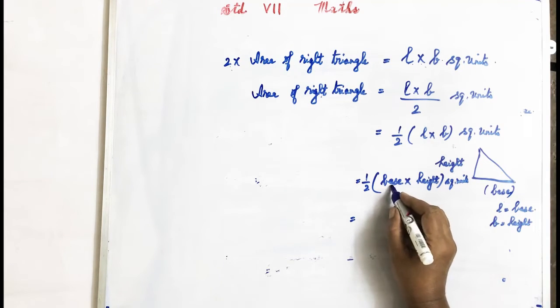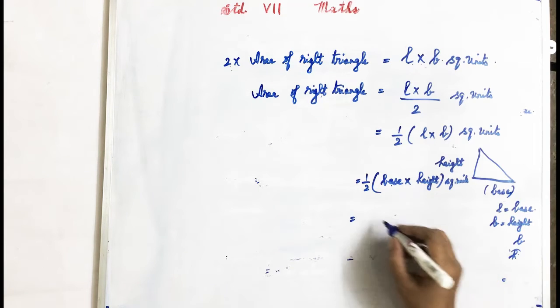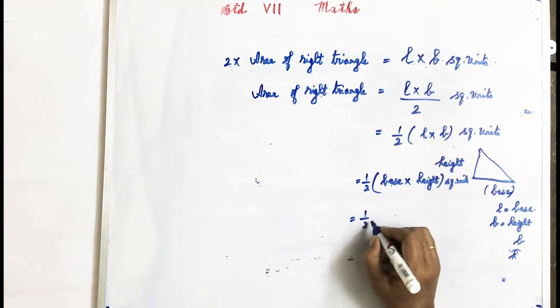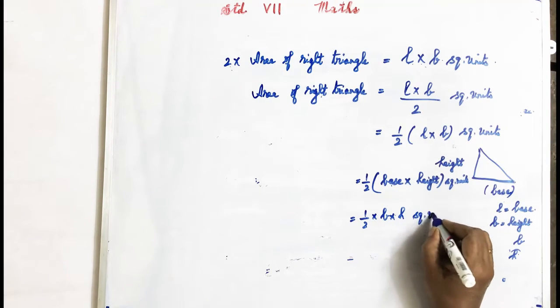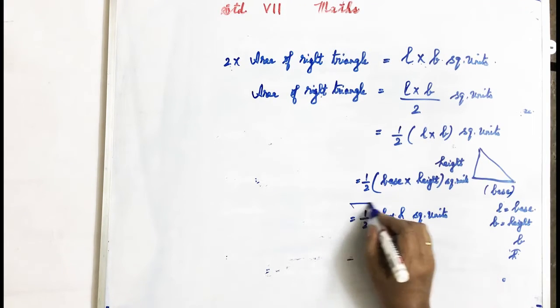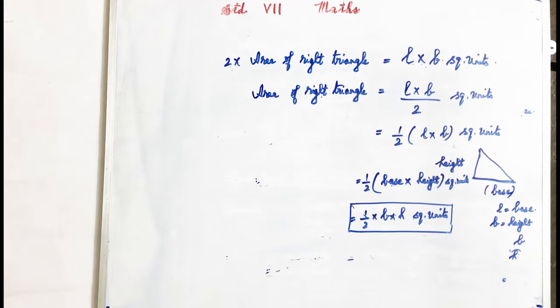So this is base, we can keep it as B, and height we can keep it as H. So this is nothing but half into base into height square units. This is the formula to find the area of a right triangle. Using this formula, now we can do the sums.